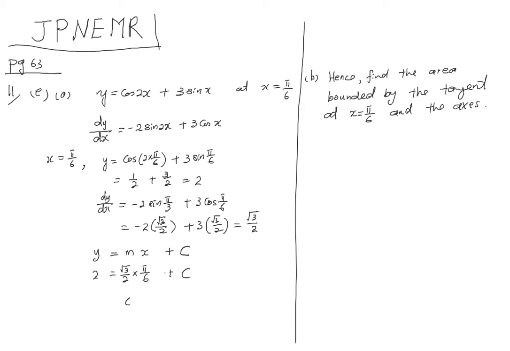So the c will be 2 minus √3 pi over 12. Okay, so your equation of tangent will be y = √3/2 x plus 2 minus √3 pi by 12.